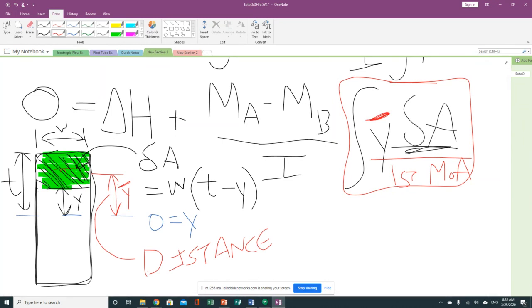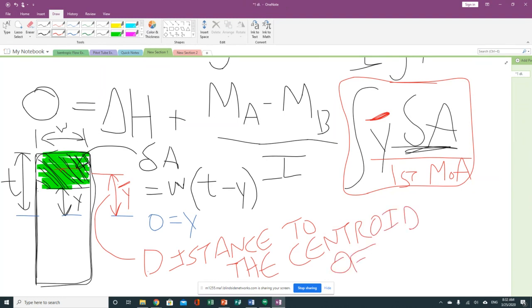In any case where we're talking about a first moment of area, it's the distance to the centroid of the differential area, measuring up from the y-axis to about the center of that differential area.